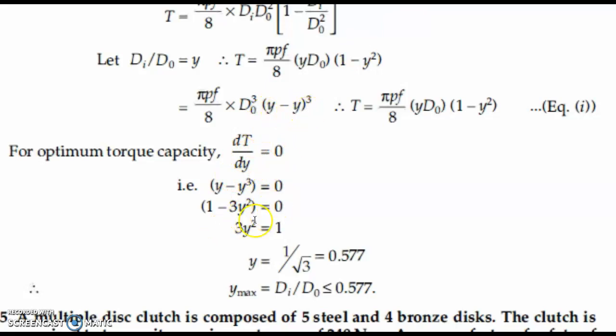If we differentiate this one, we will get 1 minus 3 into y square is equal to 0, or 3y square is equal to 1, or we can write y is equal to 1 divided by root 3. What is that value? 1 divided by root 3 is equal to 0.577. So y is equal to di by do, that is di by do is equal to 0.577. That is our question. Okay, thank you.